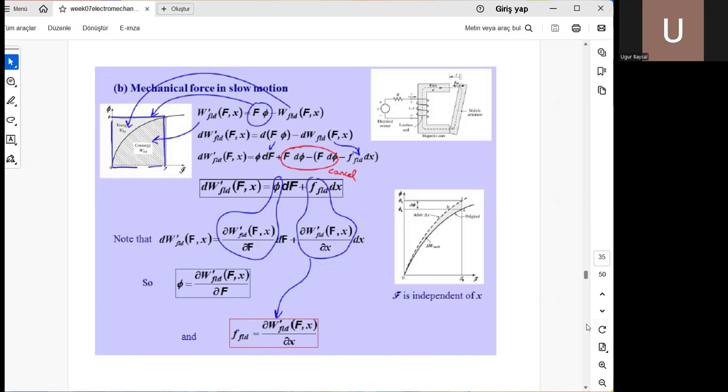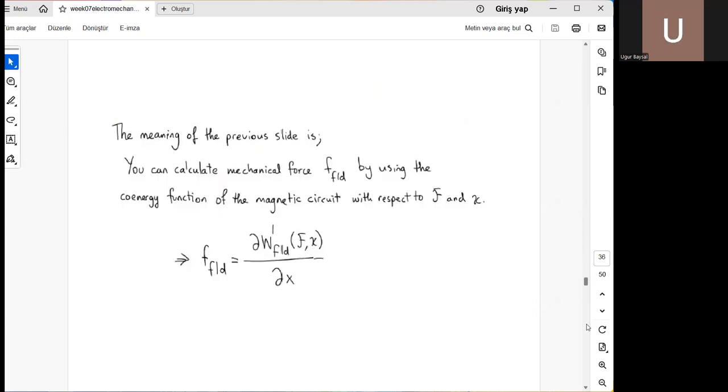So our first equation of the force associated with this system, plunger system or anything, is the partial differential of co-energy W field with respect to x, which is seen in a red box at the bottom of the slide. So this is our first choice to calculate the force if we can calculate the co-energy relationship of the magnetic circuit MMF with respect to X.